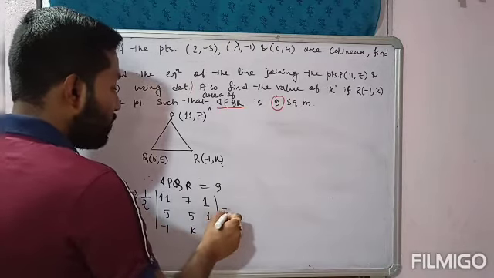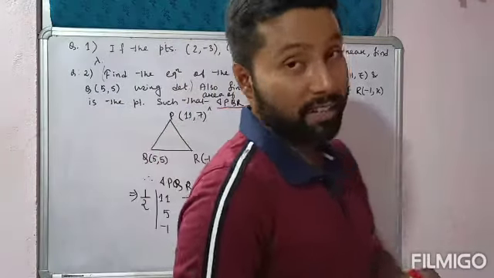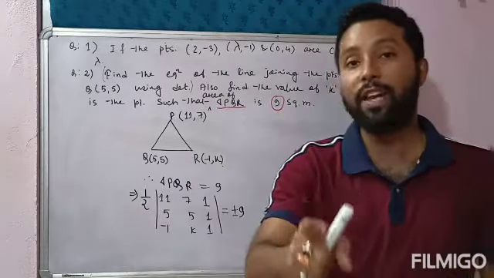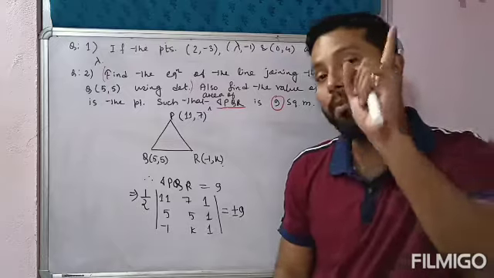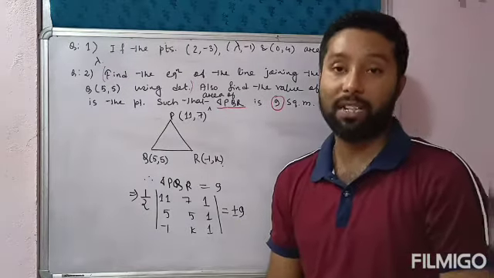This is equal to ±9. As I said in the second point, if area is given to us, then always consider both positive and negative values. That's why I have written ±9.